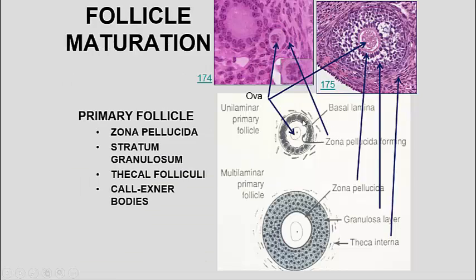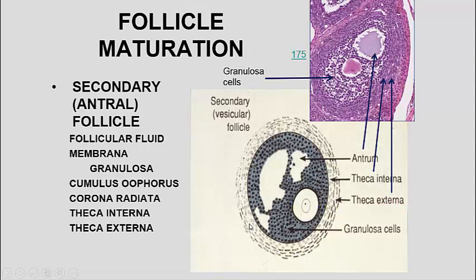If they're more cube-shaped, like that, then they are primary. And sometimes the primary has only one layer, but as it develops further, it will make multiple layers. So there's a zona pellucida around the egg itself, and then these are follicular cells that have proliferated. That's still a multi-layer primary. Both of these are still primaries.